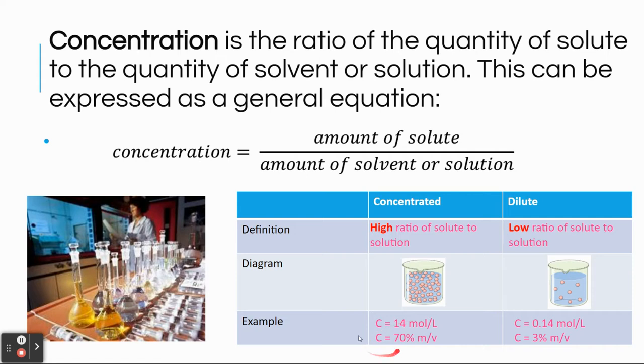Or if you're looking at it in a different expression as a percentage, you can say, for example, 70% mass volume. That's more concentrated than saying 3% mass volume. And so we'll learn what these different units are later on. They're just different ways to express concentration, but essentially the higher the number for a particular unit of concentration, the more concentrated that solution is. So that's what concentration is all about.